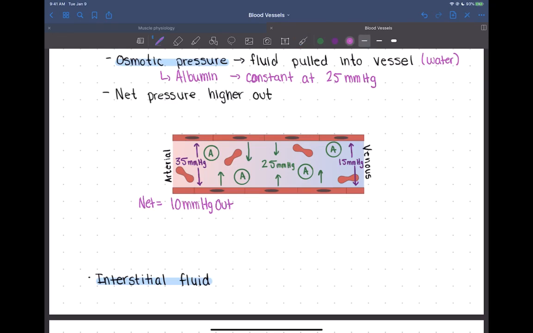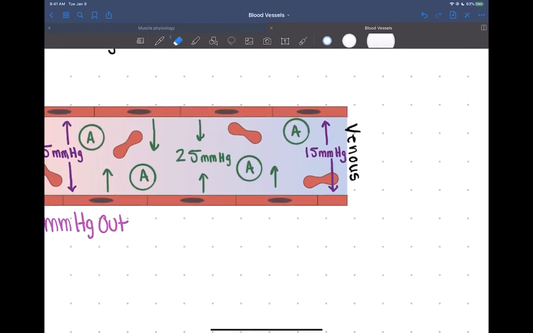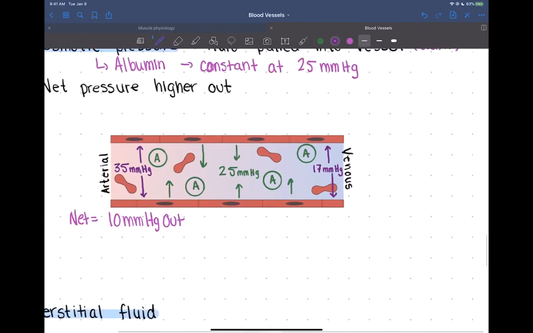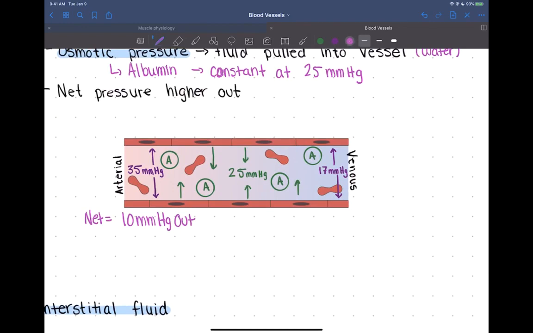So then on the venous side, actually, let's change this really quick just to make sure our math works out. Let's do 17 for this one. Okay, so on our venous side, we have 17 pushing out, and we have 25 still for that osmotic pressure pulling in.